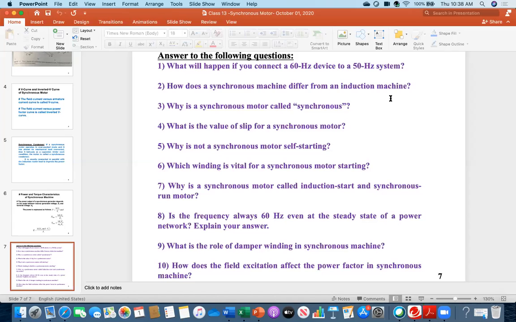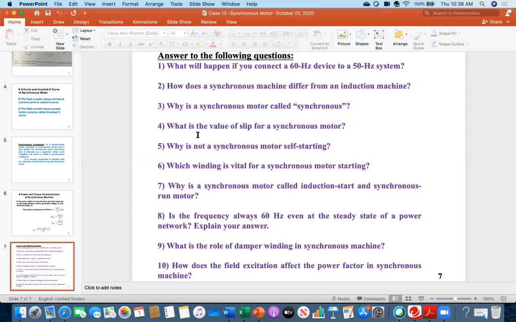In an induction machine, the synchronous speed and the rotor speed are not the same thing. Synchronous speed was the magnetic field speed and rotor speed was the actual speed. That's why there was always a difference, and that difference we called slip or slip speed. But in a synchronous machine, speed is always constant, so it has a slip of 0.